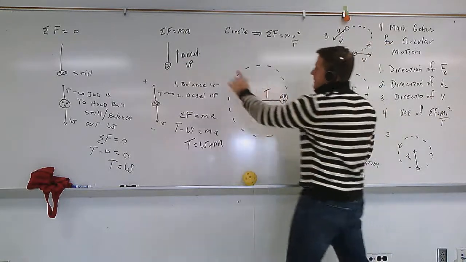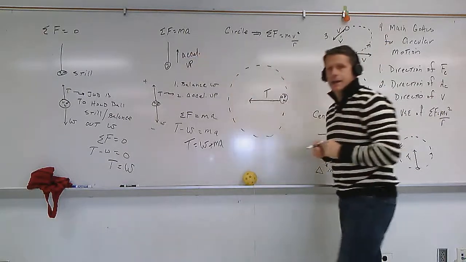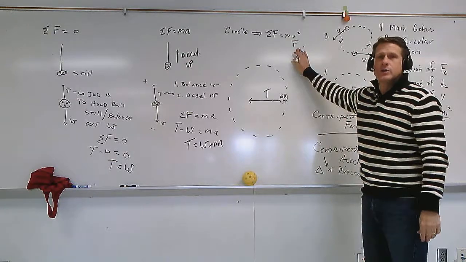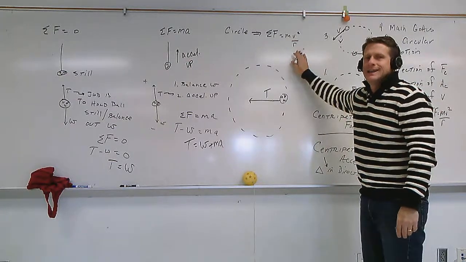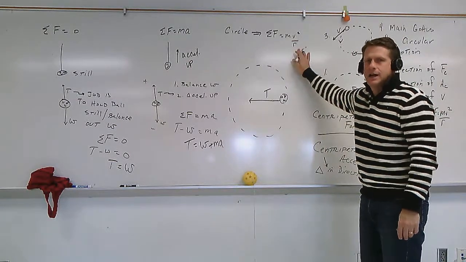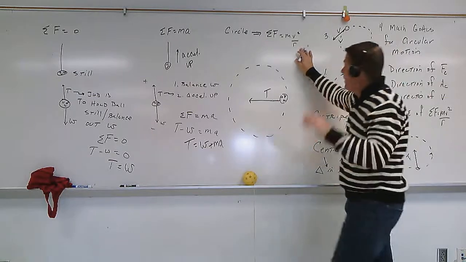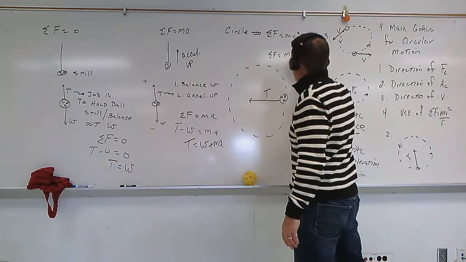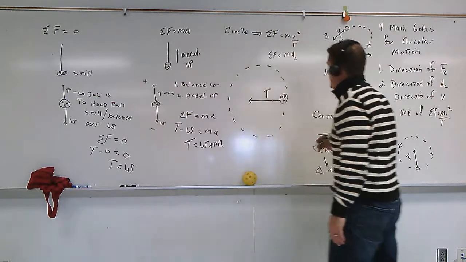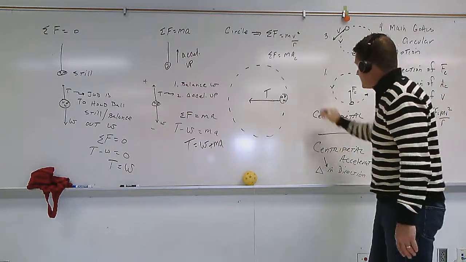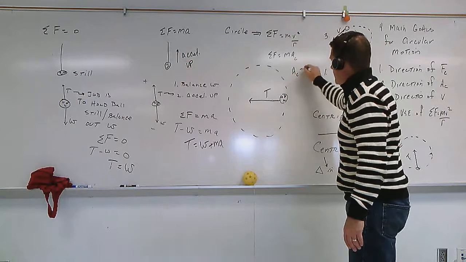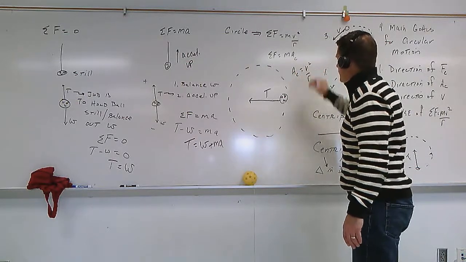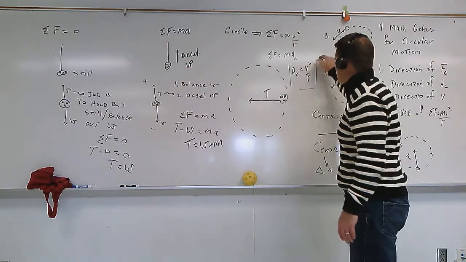So the only thing that's changed is over here I have a, and over here I have v squared over r. Well, again, this is a particular type of acceleration. We might as well be saying the sum of the forces equals mass times centripetal acceleration, which means this centripetal acceleration is equal to v squared over r.